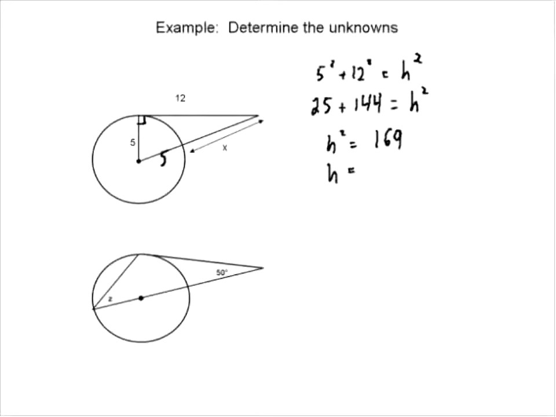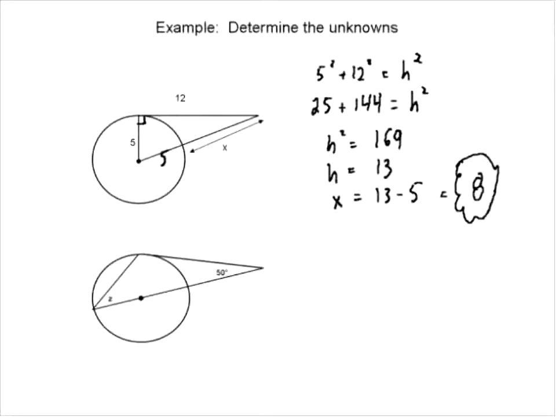So h has to equal the square root of 169, which is 13. And like we did before, x is just then 13 minus 5, which is just 8. So that unknown length is just length 8.